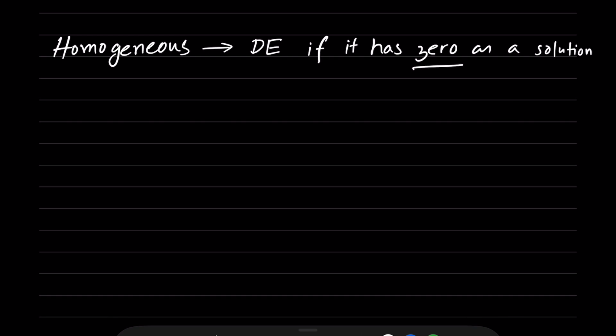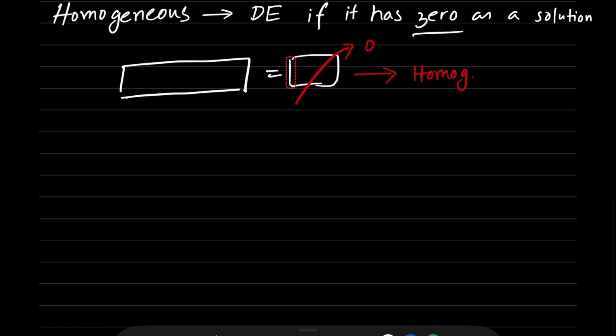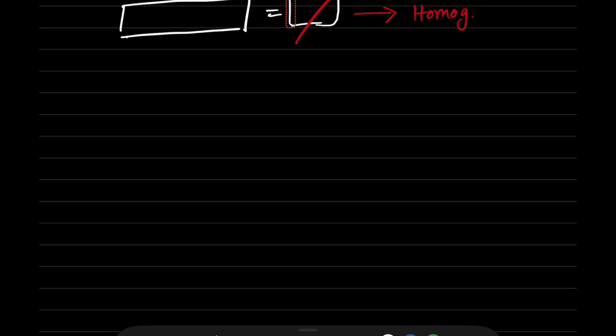And if not, then it's non-homogeneous. So you remember, on the equal side, you have your equation on one side, and on the other side you have some functions, whatnot. So if this function is equal to 0, then you get to call it homogeneous. And if it is not 0, then it is non-homogeneous. Very simple. I hope you will remember these details.